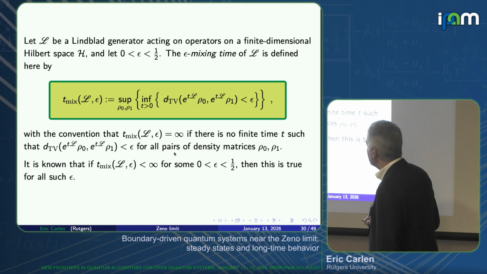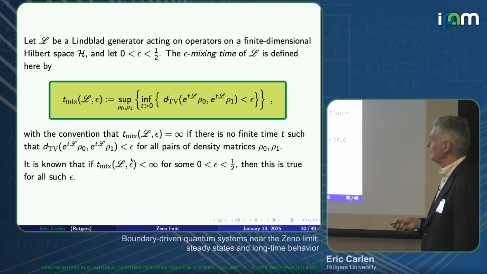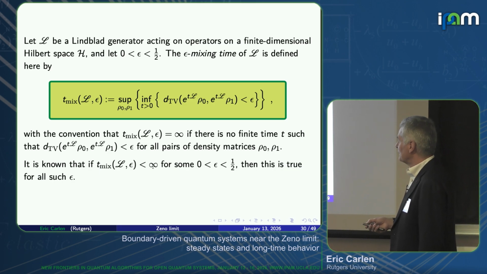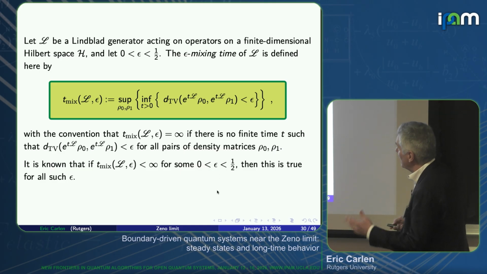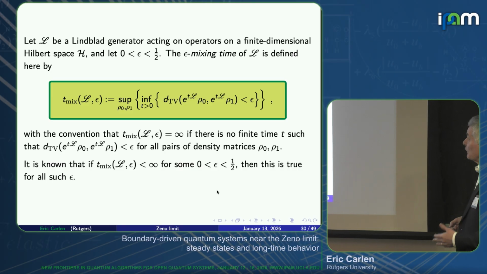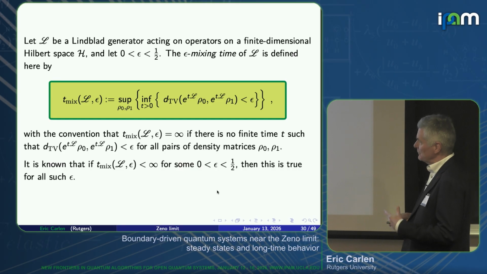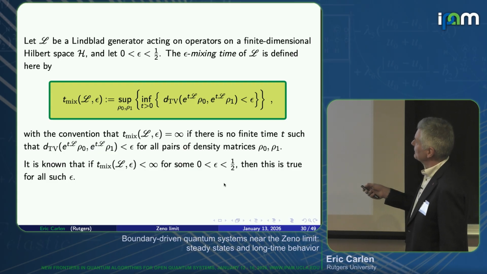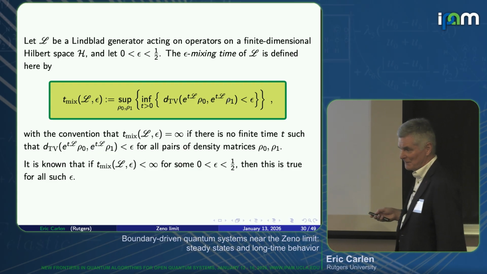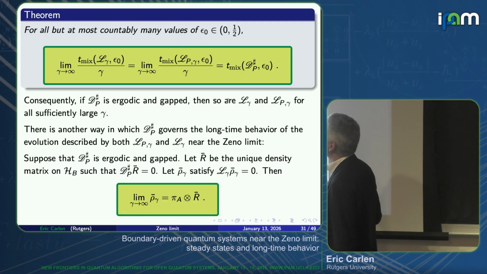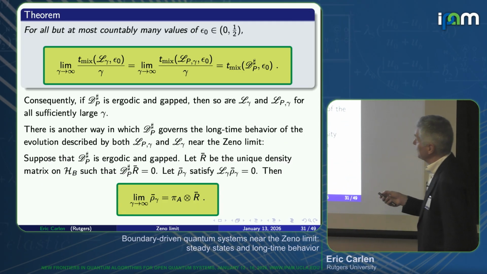Okay, so it is known that if the mixing time here is finite for some epsilon, then it's true for all such epsilon, and then there will be a unique steady state, and then there's up to a factor of 2 difference from the usual T mix where you put the steady state in from the beginning, right over here. But what we would like to do, well, let's say what we'd like to do. So here's the theorem.